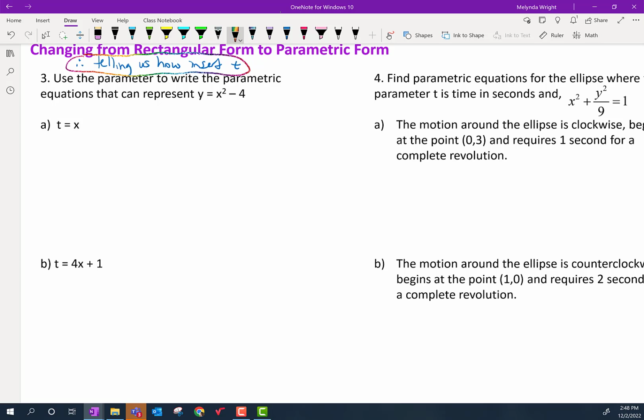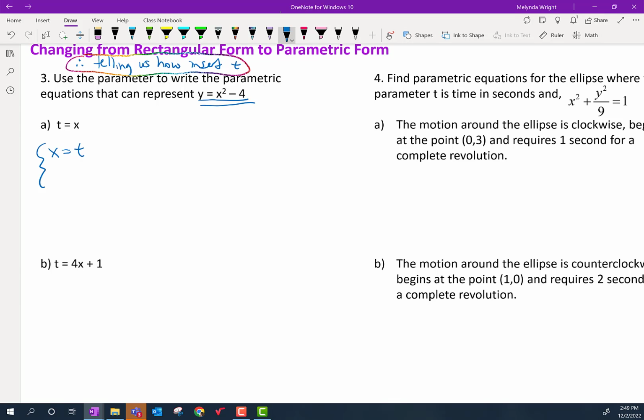Okay? So, this is a parabola. We have a parabola that's in rectangular form, and we're going to write it in parametric form according to how they have told us to do it. So this first one, they tell us t is x. Well, that's easy. So that's my first equation, t equals x. Great.